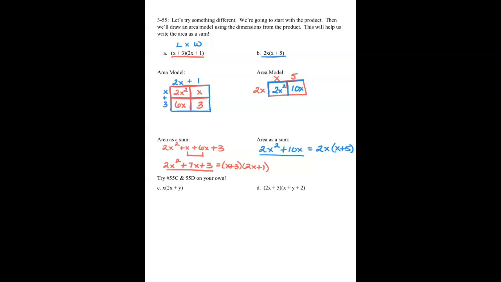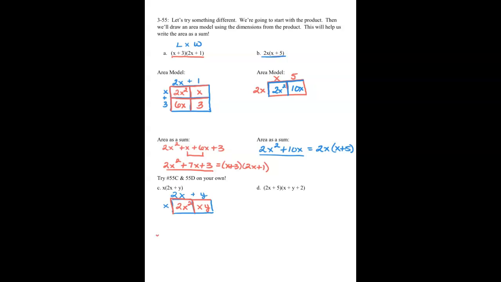Okay, let's check your work. I'm going to draw a generic rectangle for the first one. I need one dimension to have a length of x, the other dimension to have a length of 2x plus y. Going to find the area of each individual part. x times 2x gives me an area of 2x squared. x times y gives me an area of xy.